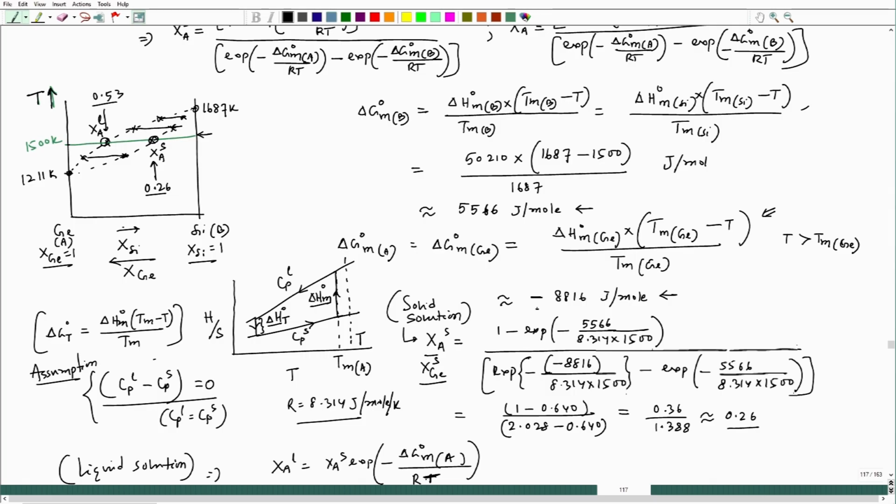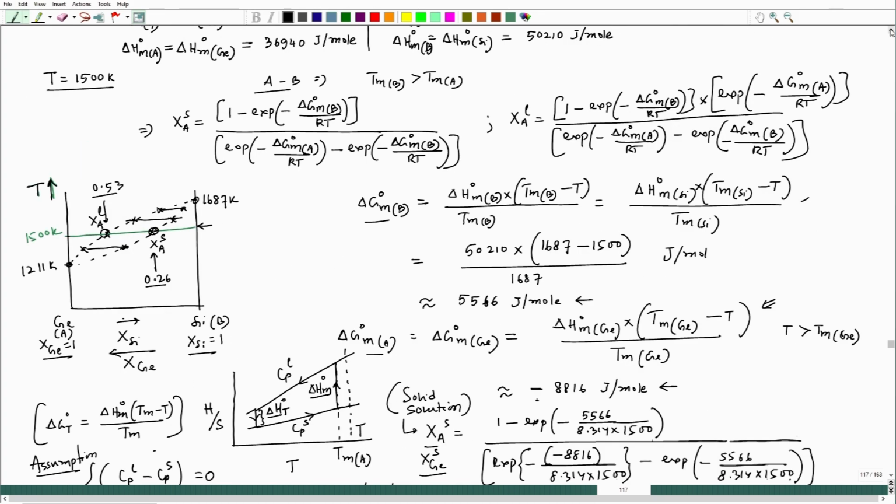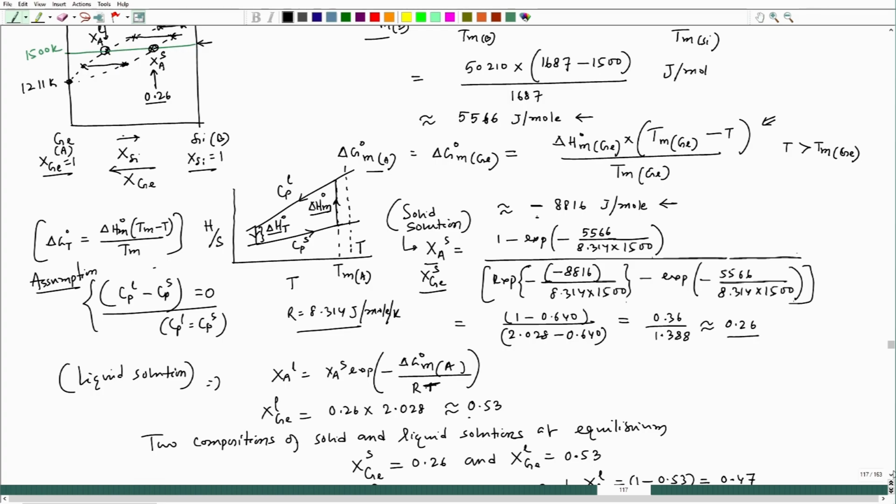Like that you keep continuing at different temperatures, just by calculating these two values and changing the temperature. And if we go to 1687 and 1211, you will see that one composition would turn out to be 0, another one would be 1. So like that you can find out the isomorphous phase diagram, calculating using those two formulas.